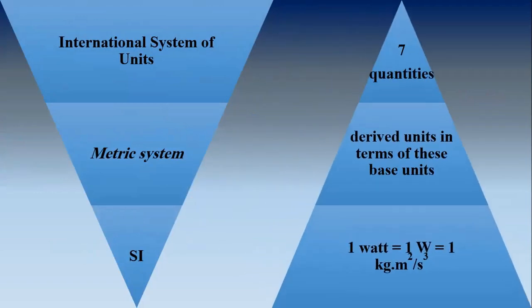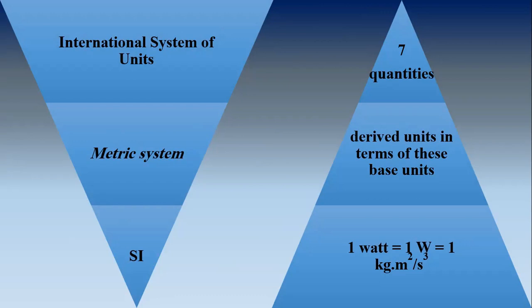The unit system, the International System of Units, abbreviated SI from its French name and popularly known as the metric system. The General Conference on Weights and Measures picked 7 quantities as base quantities. Many SI derived units are defined in terms of these base units.